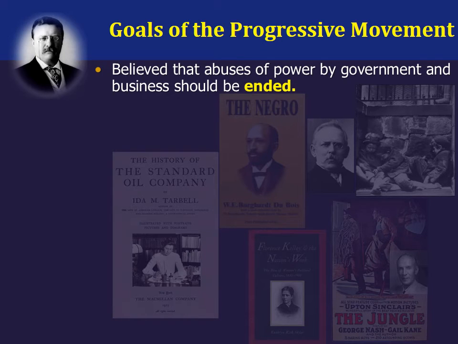They believe that the abuse of power by the government and the business needs to stop, and this is a given. Nobody wants to say yes, let the corruption keep going, especially if they're not benefiting from it. But the abuse of the government and businesses has taken over so much that it has become really what the U.S.